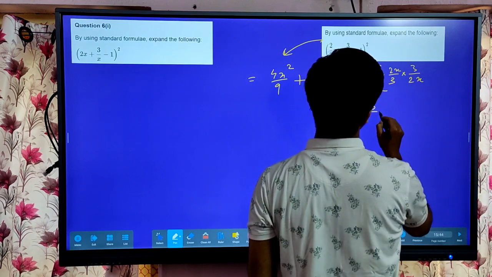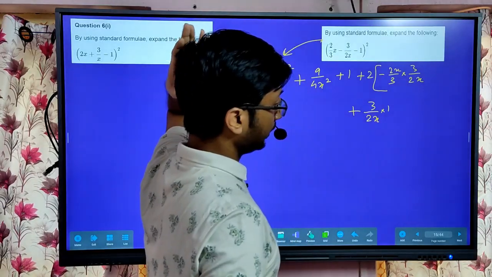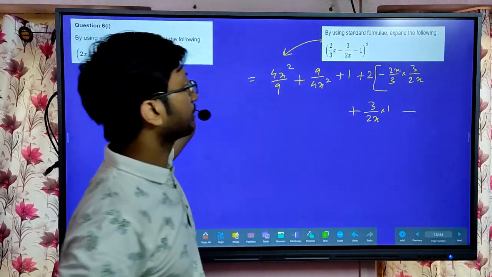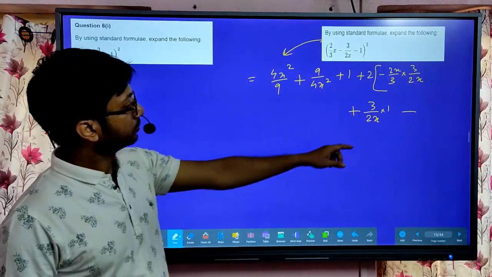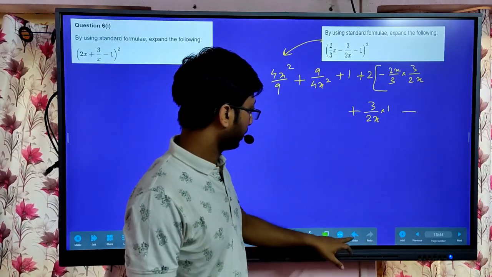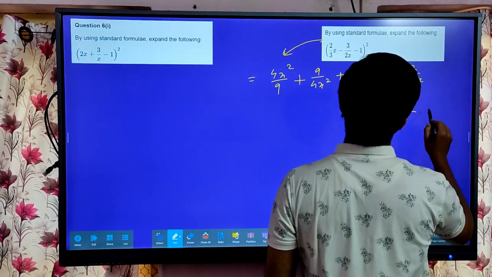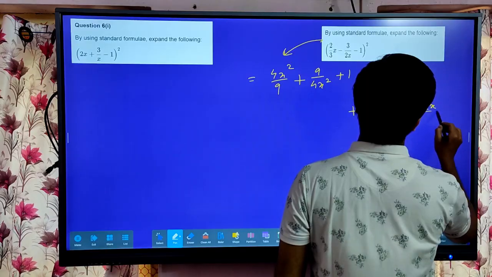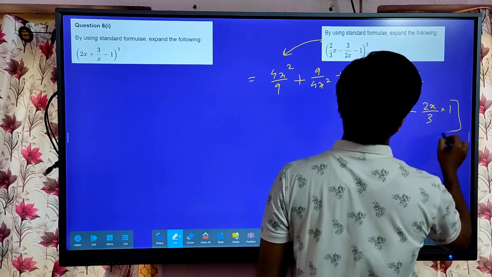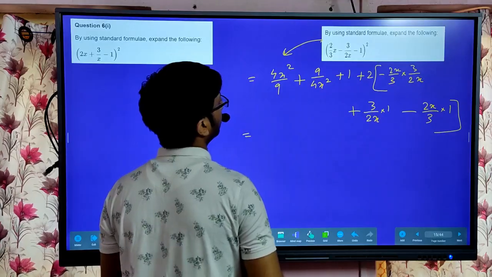So it will be 3 by 2x into 1. Then minus into plus is minus. This is AB, this is BC, and third term will be CA. So CA will be 1 into minus 2x by 3 into 1. Now you simplify and see what happens.